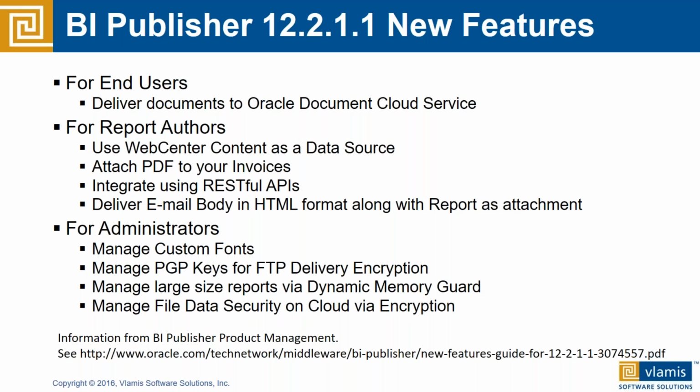That'll help us out. You can integrate using RESTful APIs and deliver the email body in HTML format. For administrators, we can finally manage custom fonts and manage PGP keys. You can manage large size reports with dynamic memory guard, and secure file data on the cloud with encryption.